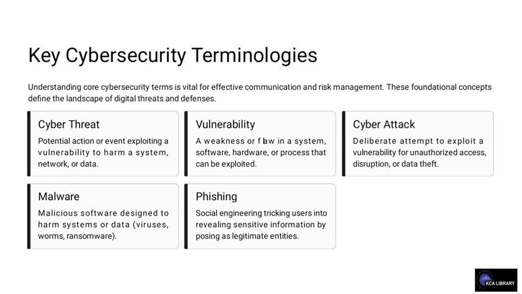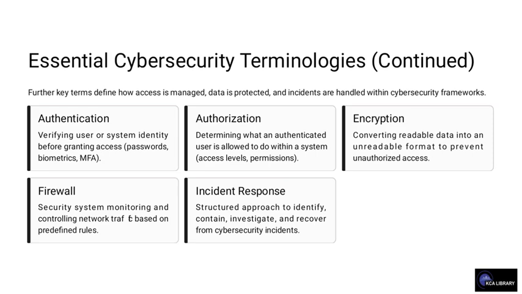We also have phishing, which is social engineering tricking users into revealing sensitive information by posing as a legitimate entity. Also, authentication is verifying user or system identity before granting access, such as passwords, biometrics, and the likes. And for authorization, it is determining what an authenticated user is allowed to do within a system as per access level, the permission.